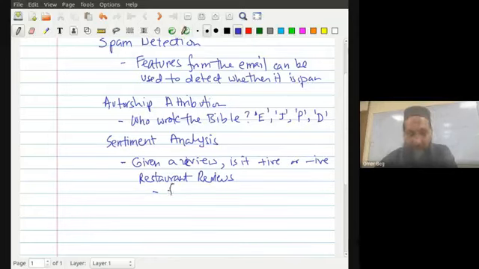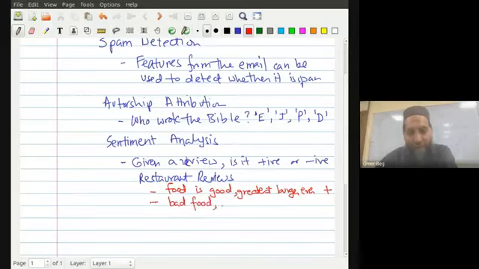For example, you can get a review saying food is good, greatest burger ever, and you know this can be classified as positive. Bad food, worse service, and this can be classified as negative.